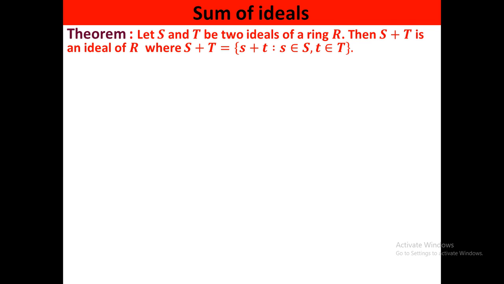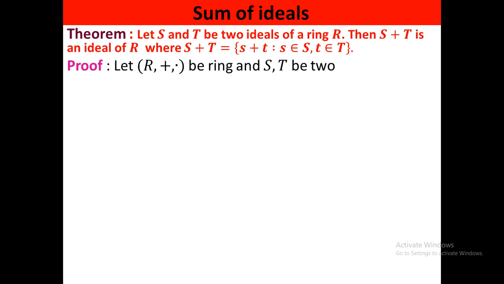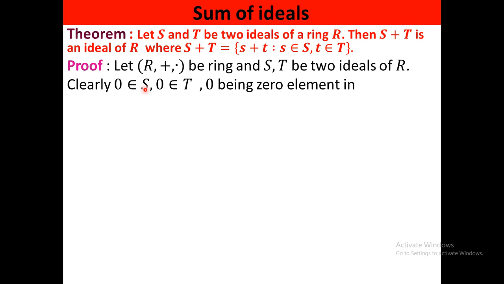Okay. So before that we also have to show that S plus T is a non-empty subset of the ring. Here R, plus, dot is a ring and S and T are two ideals of R. Now 0 is an element of S and T, because as in the previous theorem, 0 is the additive identity of S and T. Now 0 can be written in that form, 0 equals 0 plus 0.